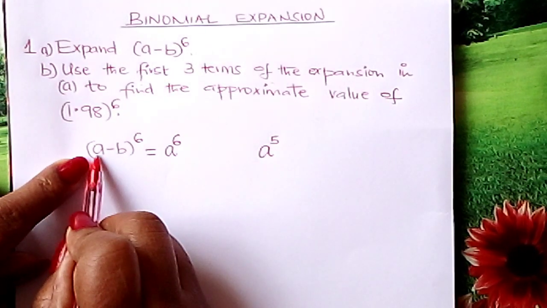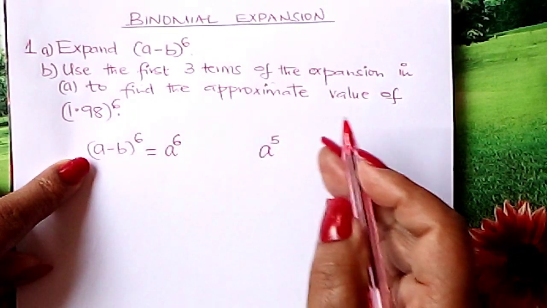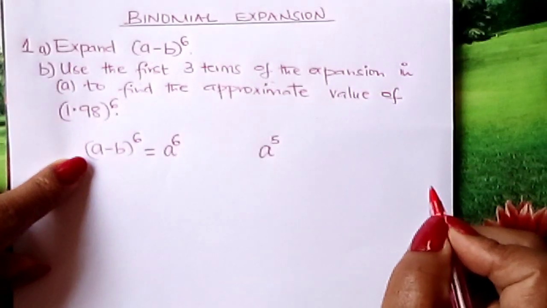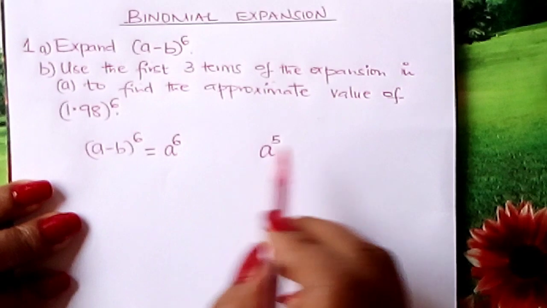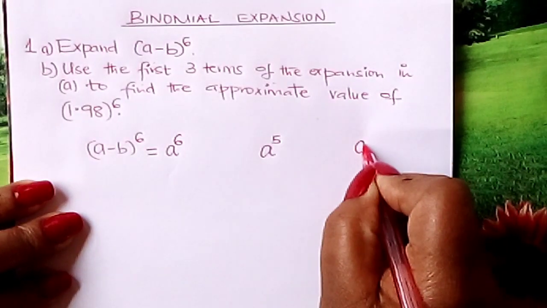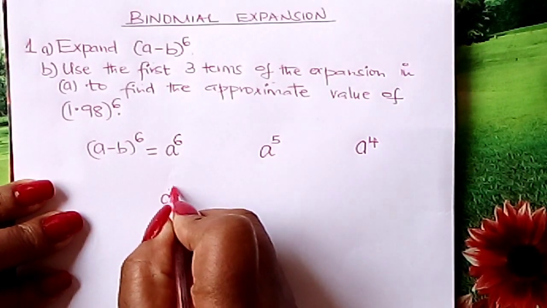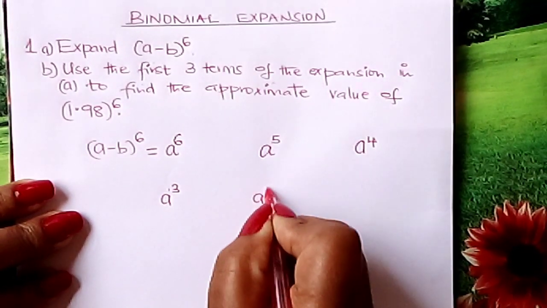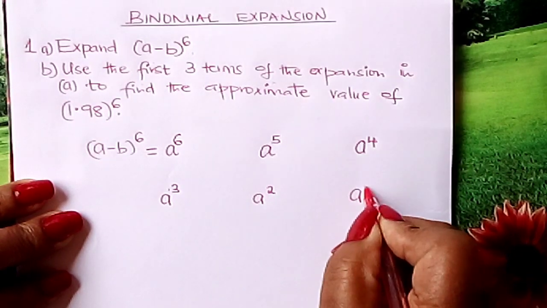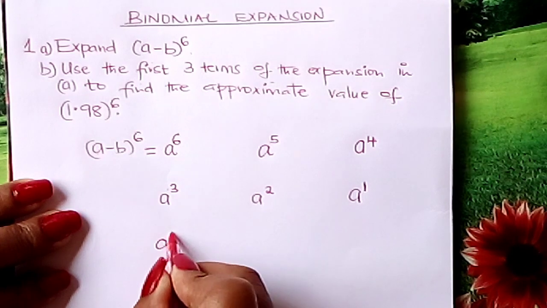We are still dealing with our A. You start with A raised to the highest power, then the power goes decreasing towards the right, decreasing by 1. A raised to 6, A raised to 5, A raised to 4, A raised to 3, A raised to 2, A raised to 1, and finally A raised to 0.